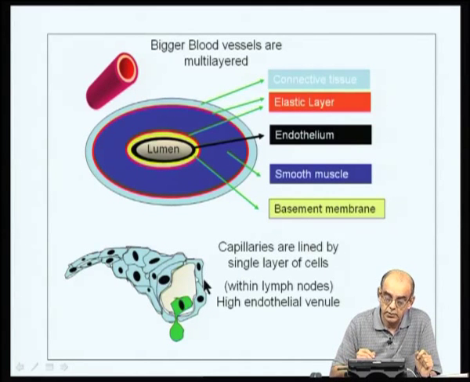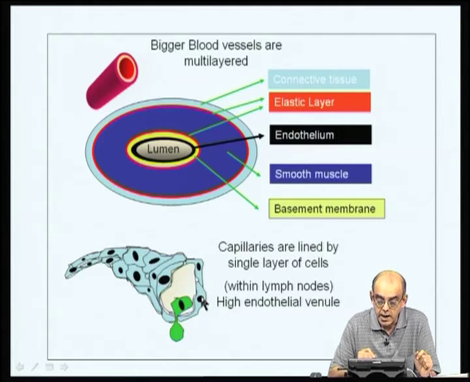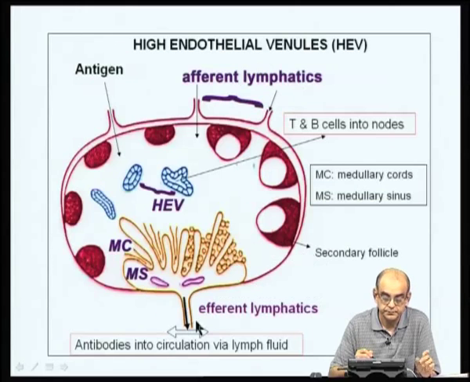Now, this endothelial layer, as you can see, has certain small pores. So, these are the spaces or pores through which the lymphocytes actually come out of the blood vessel or the capillary into the lymph node.